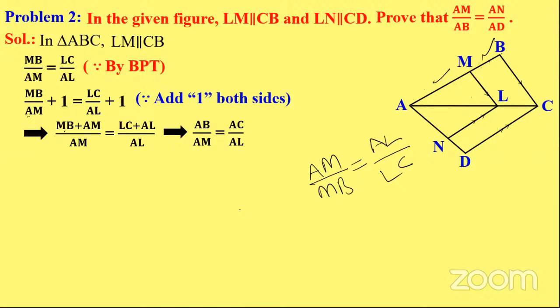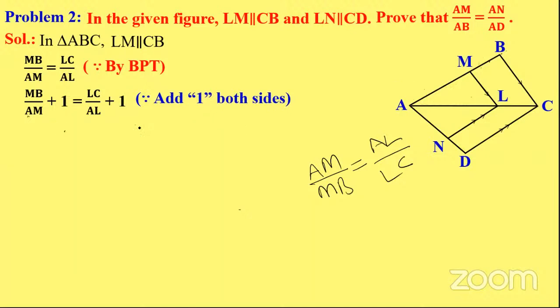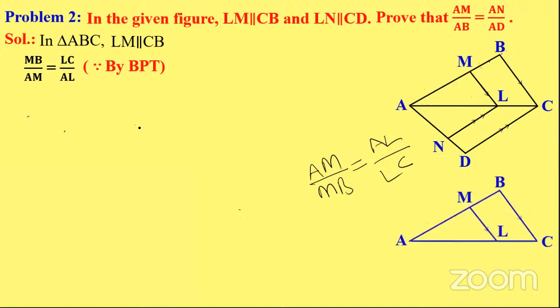We got this. Once again, please check out, please watch it carefully. First, I have taken, according to the basic proportionality theorem for the triangle, AM by MB equals AL by LC. This is the basic proportionality theorem.